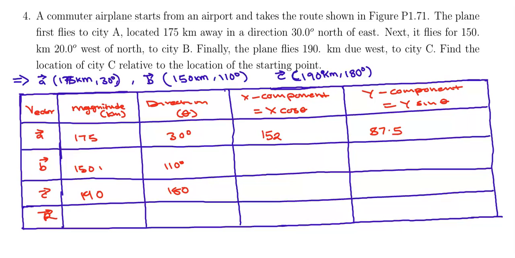We come to vector B, we say 150 cos 110, and we have negative 51. What about the y component? We say 150 sin 110, and we have 140.